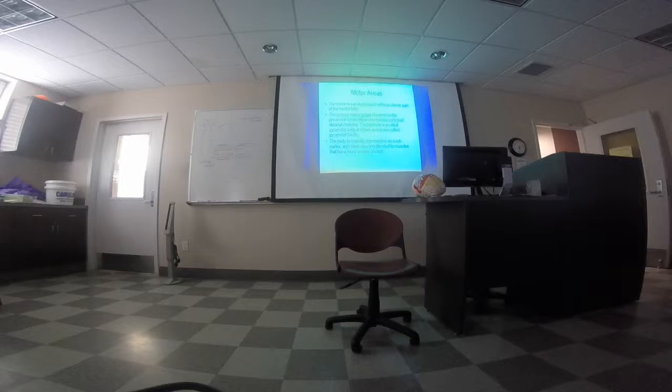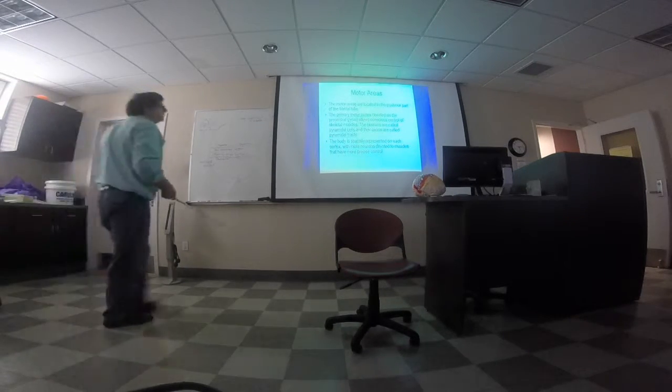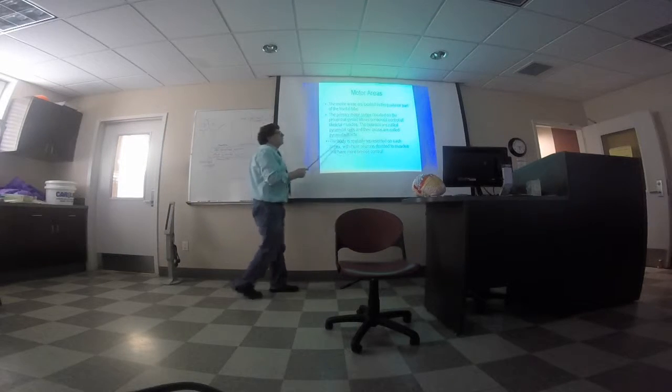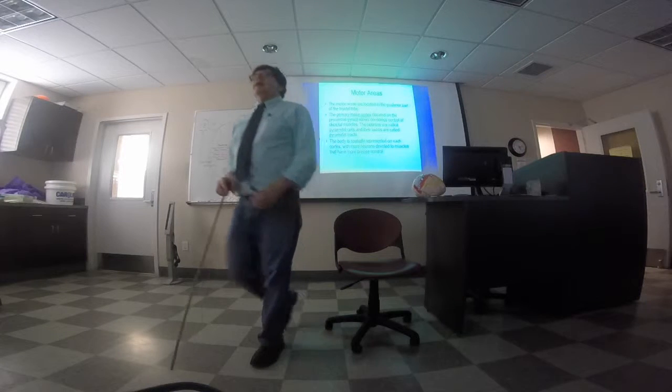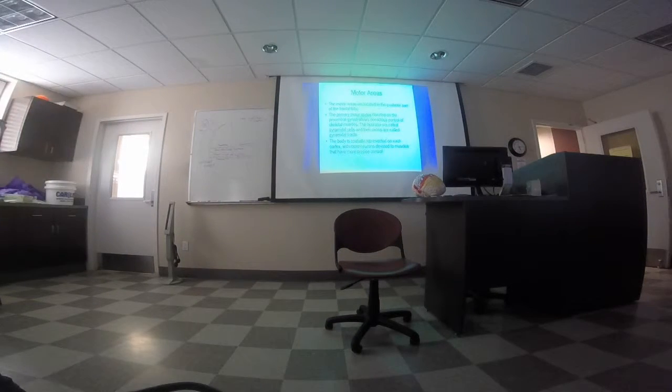These pyramidal tracts are carrying descending electrical impulses which are going to serve to initiate skeletal muscle activity. So the neurons within the primary motor cortex are called pyramidal cells, and their axons form pyramidal tracts.